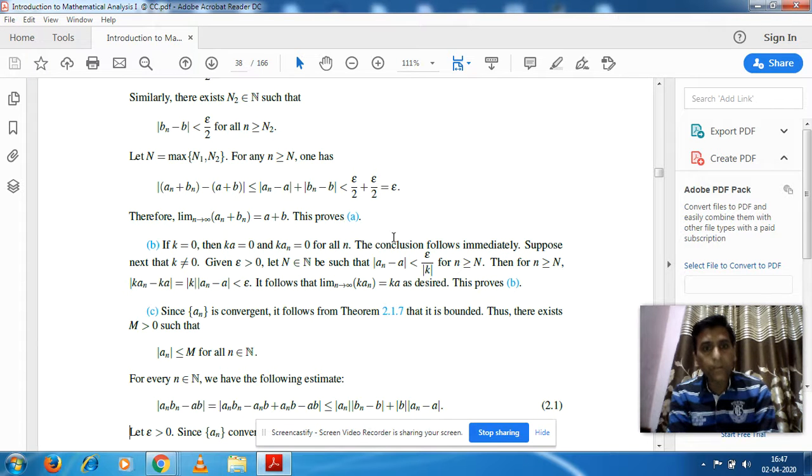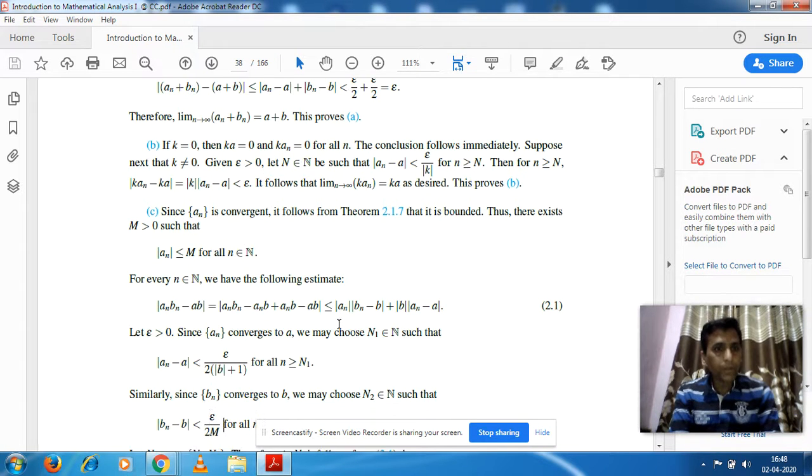This is the liberty we have, because for a convergent sequence we can take any positive number. Epsilon is any positive number. So I have taken epsilon by mod k to counter this so that k and k cancel out, and I thus get this is less than epsilon. So the limit point of k times an is k times a.